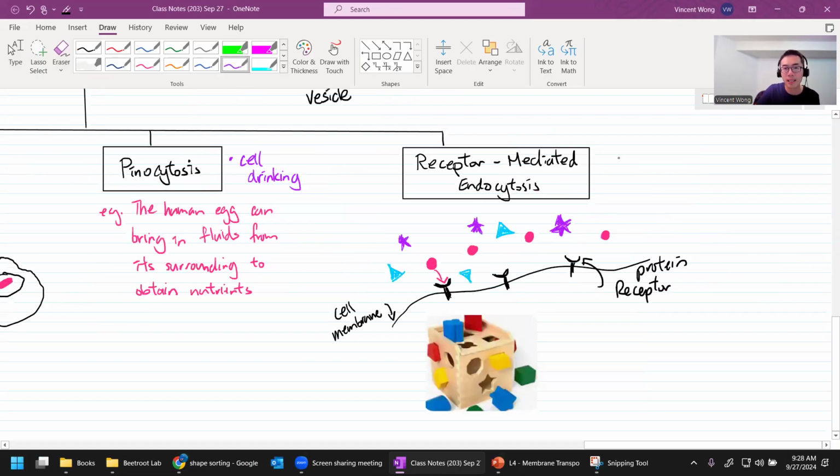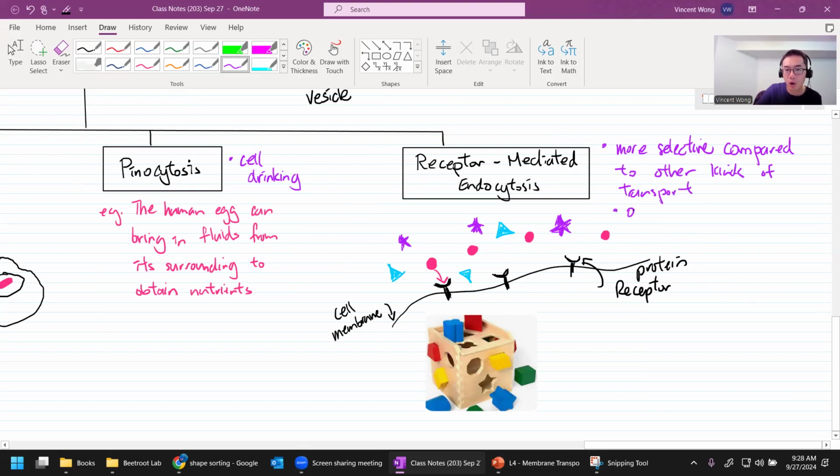So receptor-mediated endocytosis is more selective compared to other kinds of transport.